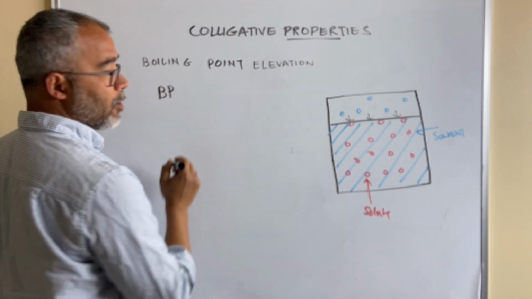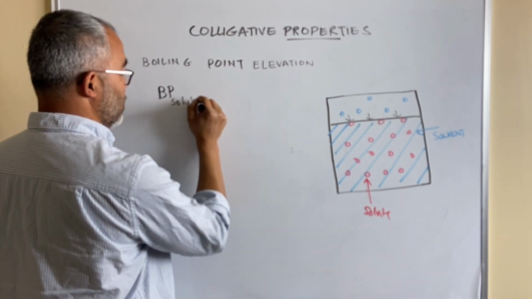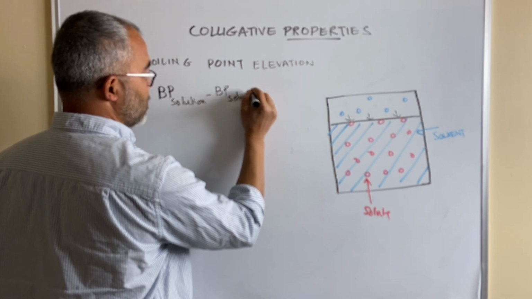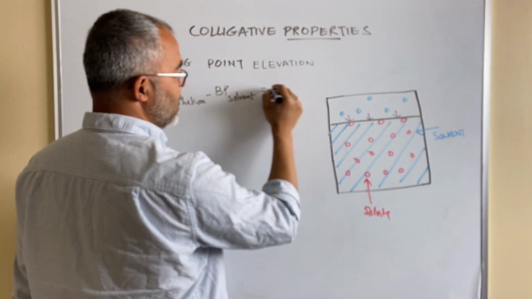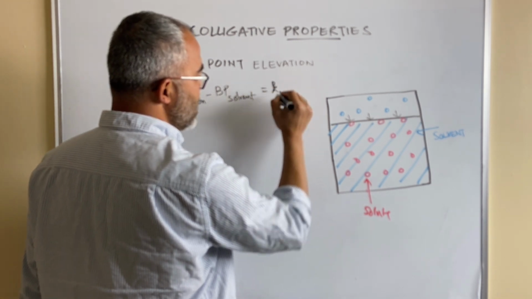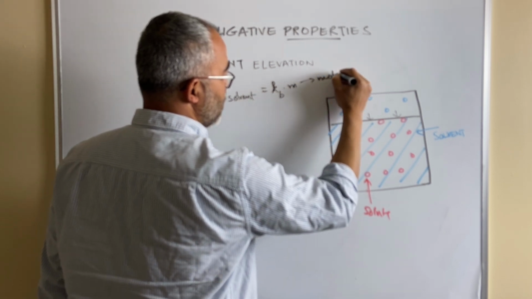Boiling point of the solution is going to be higher, so boiling point of the solution minus boiling point of the solvent, okay, because that difference is going to give you a positive number. That is equal to Kb times molal concentration m.